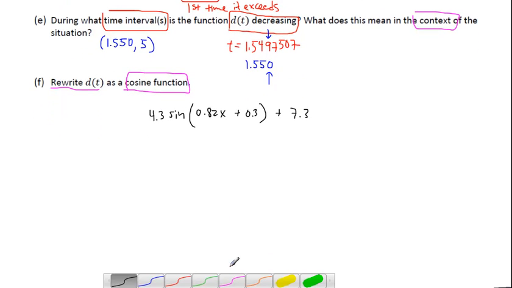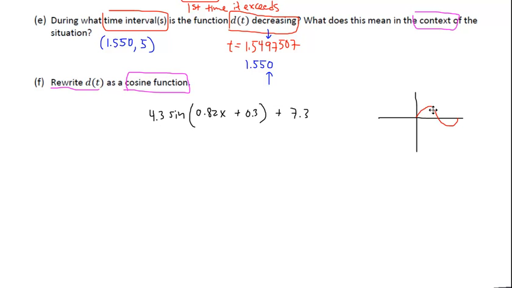the idea behind the two functions, sine and cosine: sine starts at the center and looks like this. So if I want to transform sine to make it look like cosine, I need to move sine to the left like that, because that looks like cosine.